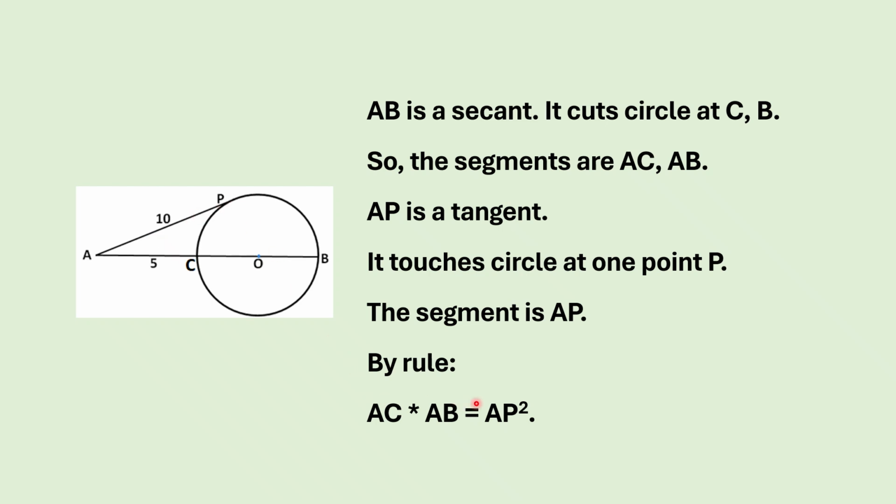AC is the part of the secant outside the circle, and AB is the full secant, both inside and outside the circle, that is from the external point to the first intersection point, and from the external point to the second intersection point. AC into AB is equal to tangent square, AP square. Now, using this relationship, we shall find the radius.